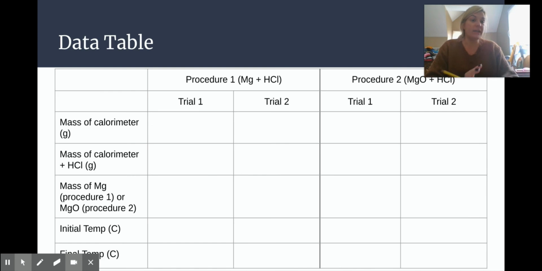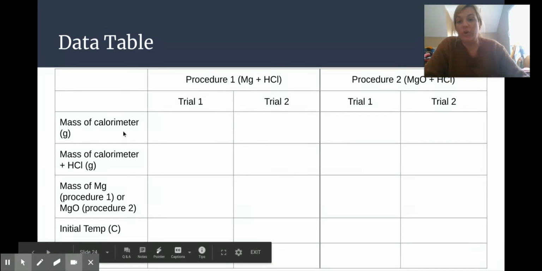Based off of everything that I said in our procedure, this is what I have to collect for data, right? Because ultimately, if I know that I'm looking for enthalpy, which is the specific heat times the mass times the change in temperature, I need to make sure that I'm recording all of that information so I can calculate that.